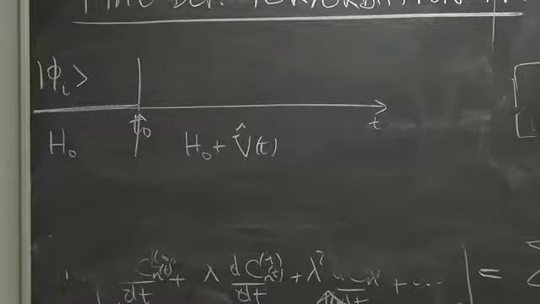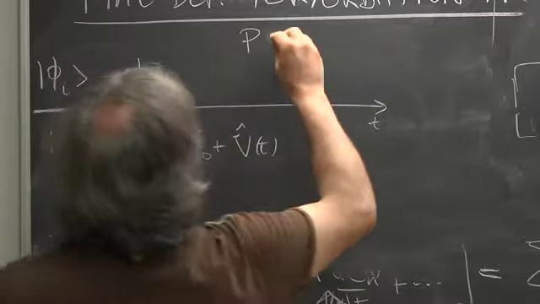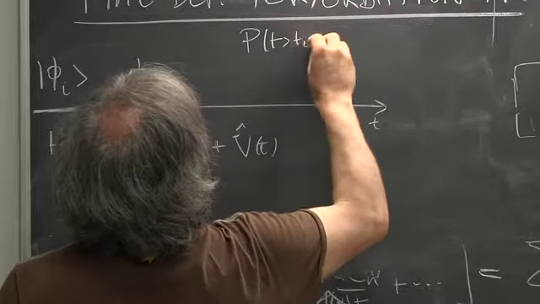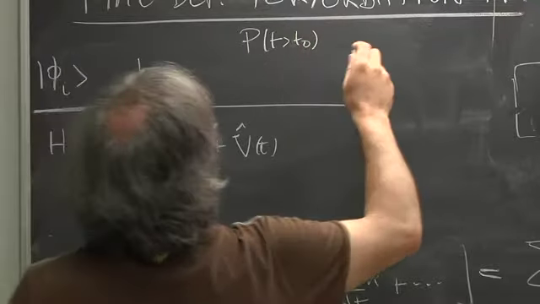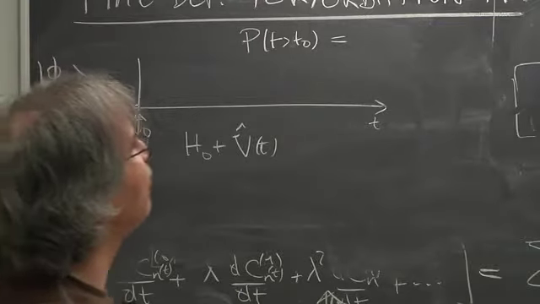I can ask myself, what is the probability that at a certain time t greater than t0, my system is in a given eigenstate phi n?